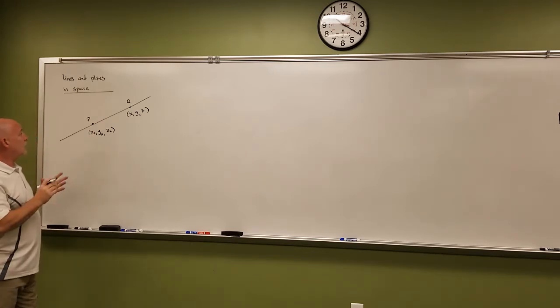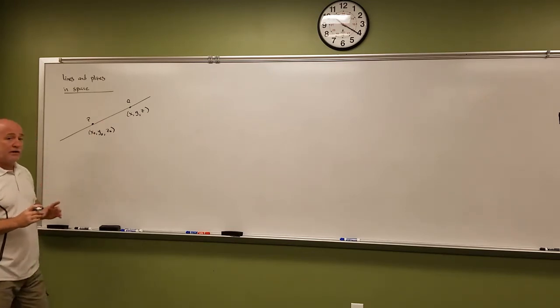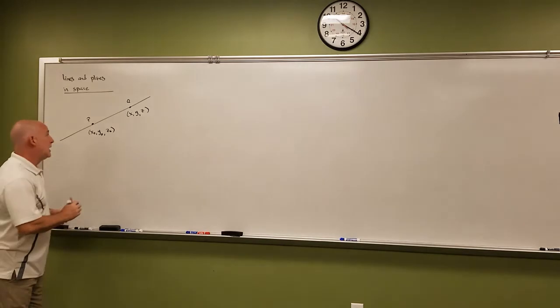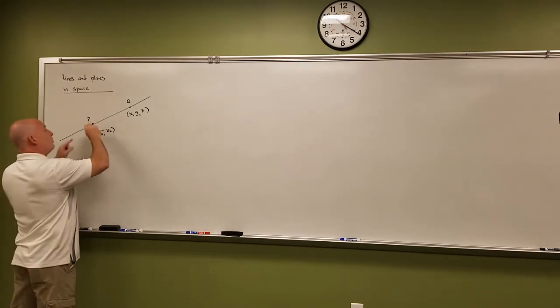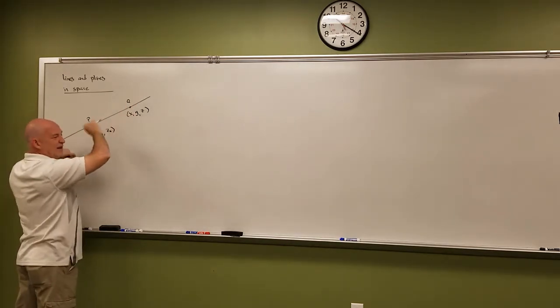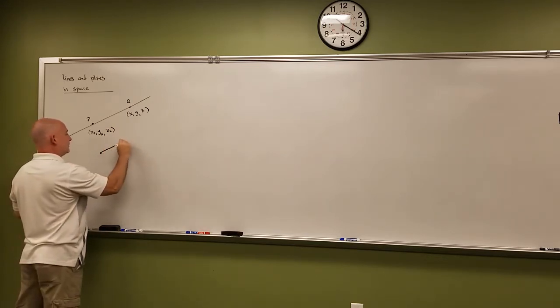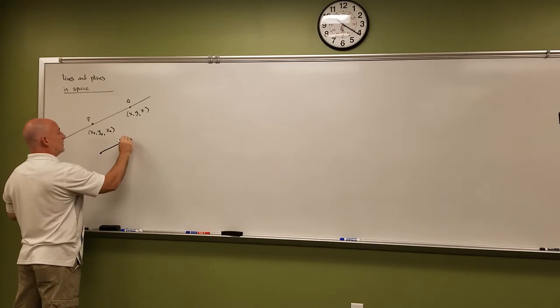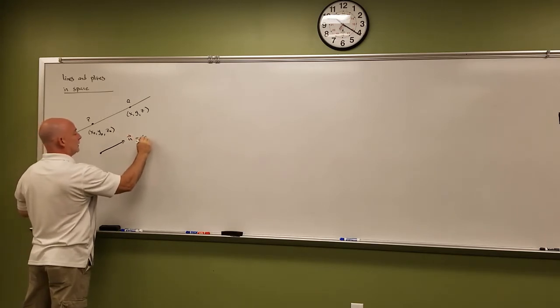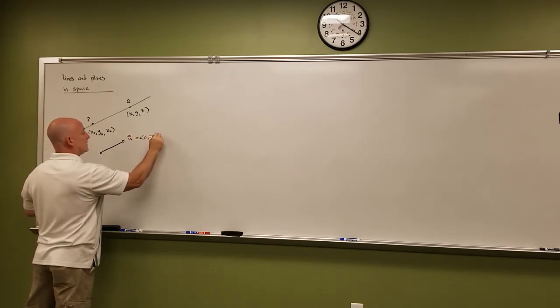Well, how could I represent this? One way to think about a line is really just a whole bunch of different length vectors laid on top of each other. So if I had another vector down here, let's call this vector u, and that's going to be a, b, and c.